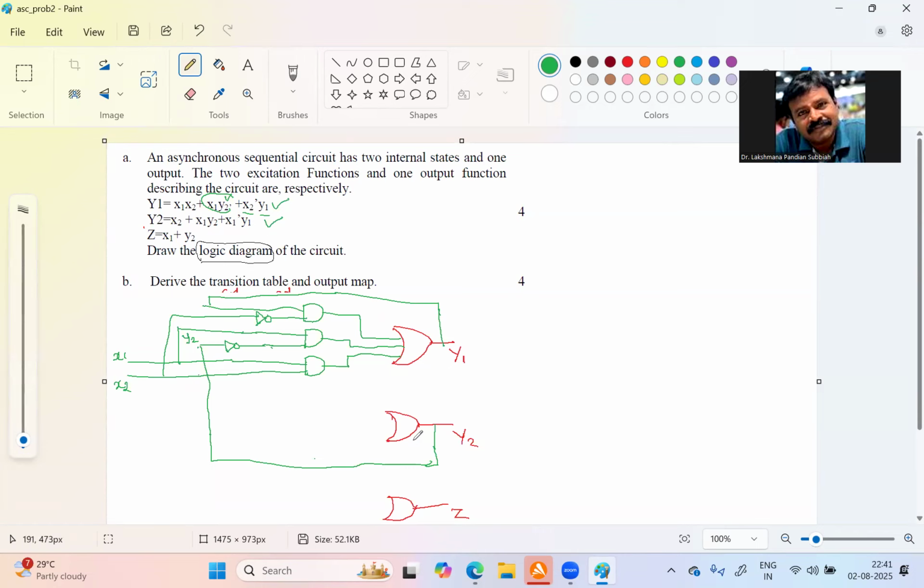Second excitation Y2. We have a direct connection with x2, since it is a single variable. This is over. Next you have to take x1, y2, so we want one AND gate.